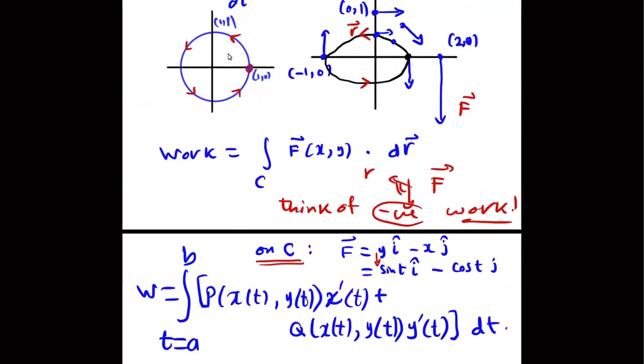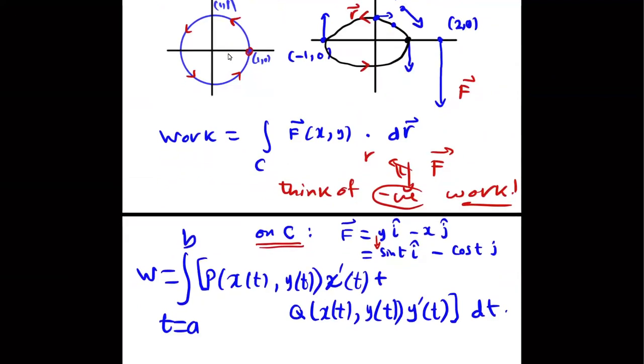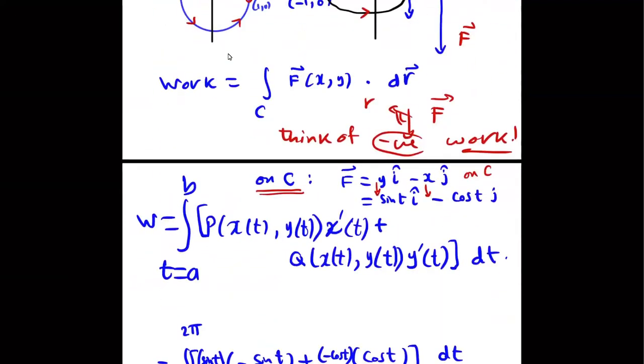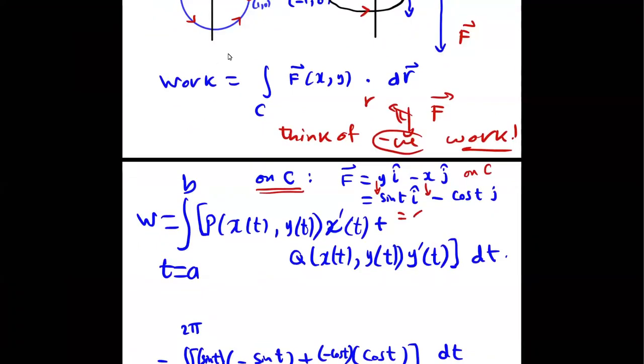Plug in the value of x on this curve. On C, x is cosine t. So it is sine t, minus cosine t, or use the vector notation. This is the force field, or vector field, in this question.